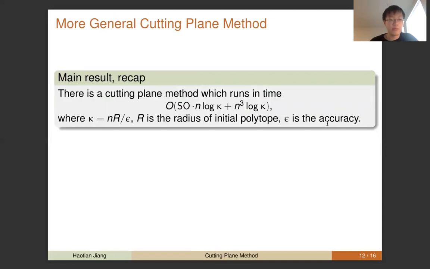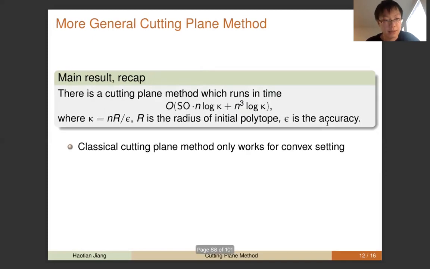So let's briefly recall, we proved that there's a cutting plane method which makes n squared log kappa calls to the separation oracle with an extra runtime of n cubed log kappa.